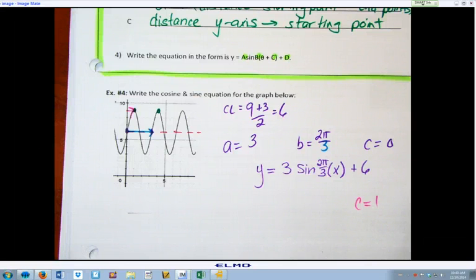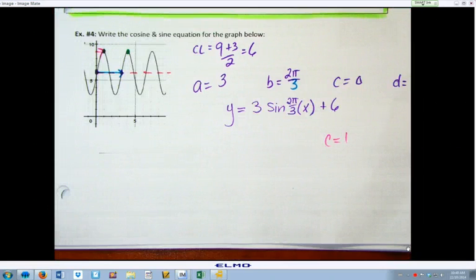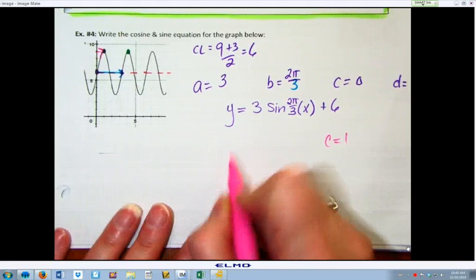Okay, write me the cosine equation. You tell me what to write.